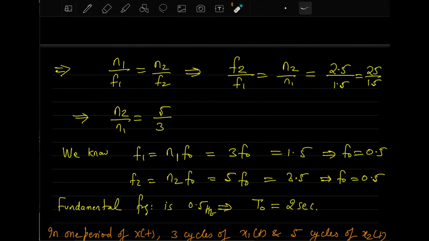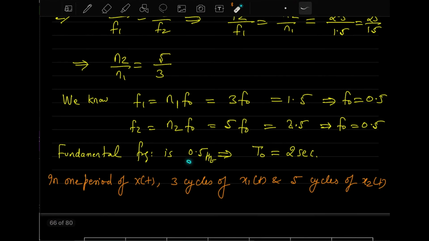And you already know that f1 is 1.5 and f2 is 2.5. From either of them, you get the fundamental frequency of 0.5 hertz for the combined signal, where you are adding the two together. So the fundamental frequency is 0.5 hertz and the time period is 2 seconds.